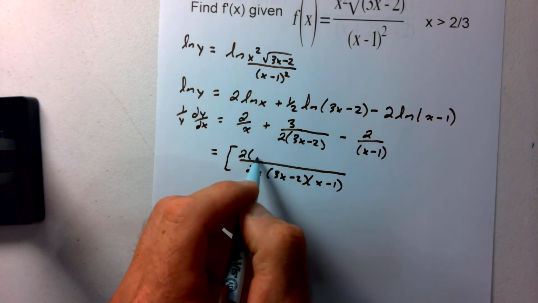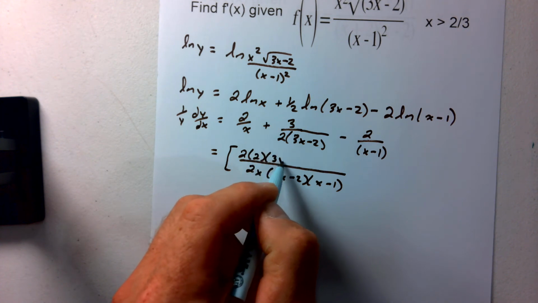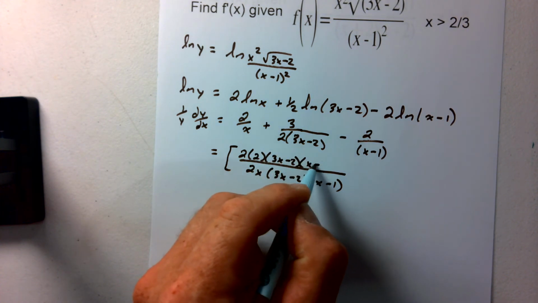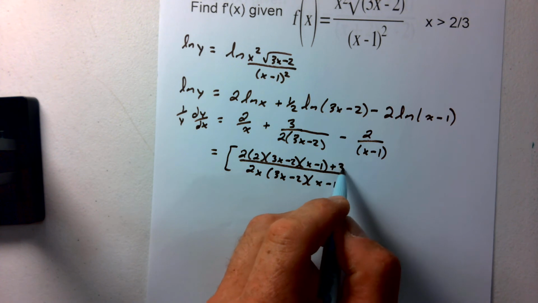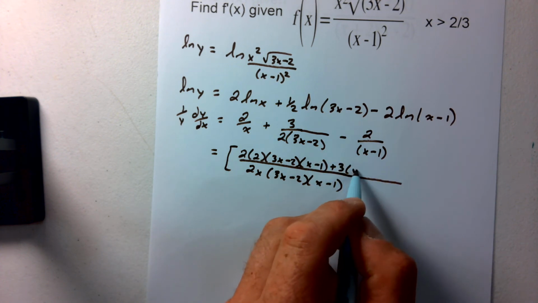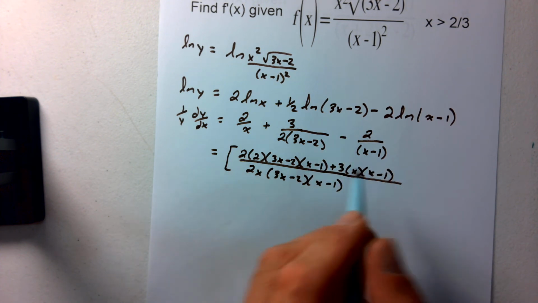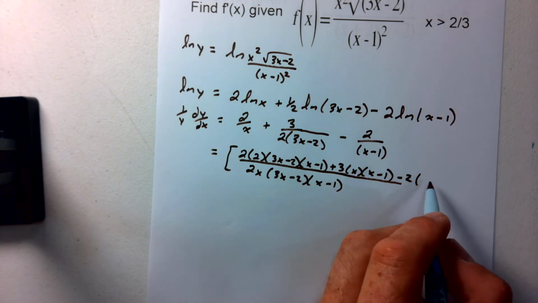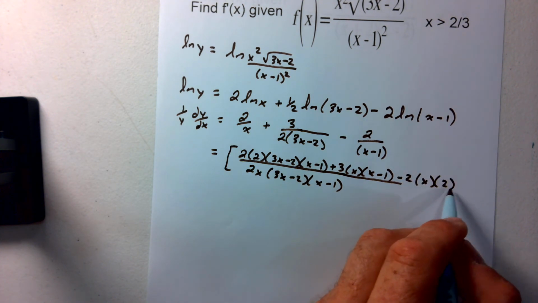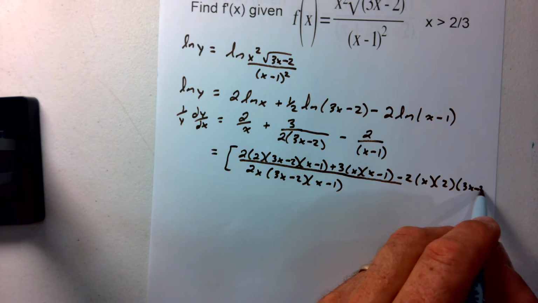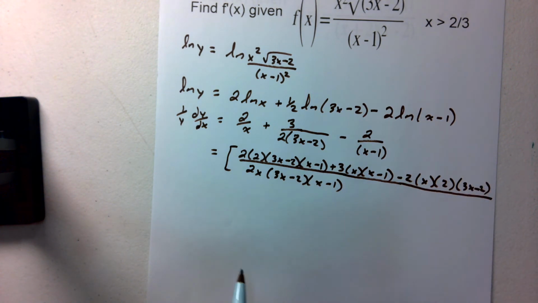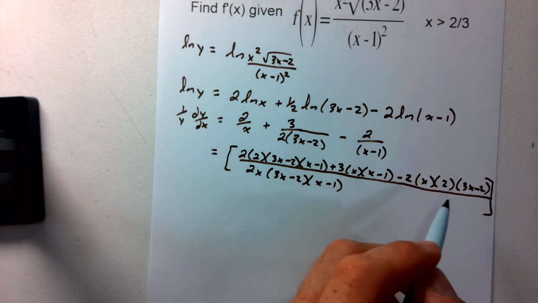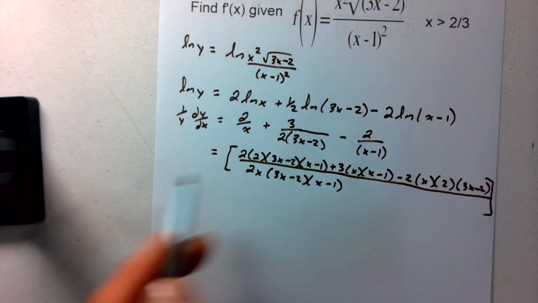So the 2 is going to get a 2 and a 3x minus 2 and an x minus 1. The 3 is going to get an x and an x minus 1. And the negative 2 is going to get an x and a 2 and a 3x minus 2. Good gracious. And that's all times that y value.